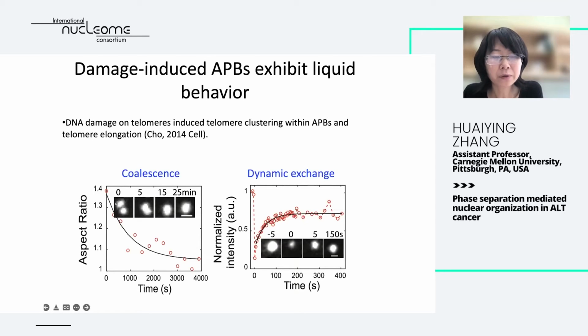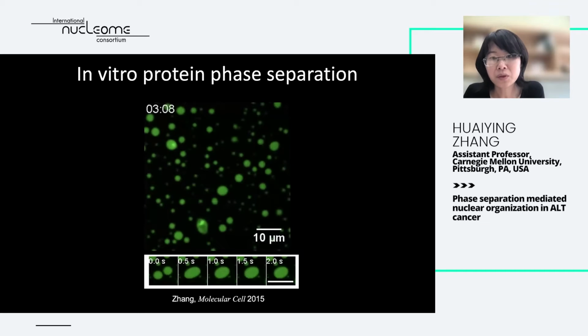If we quantify the aspect ratio, which is defined by the length and the width of the object, we can see that it decreases over time and then reaches 1. Also, if we bleach the APBs, you see recovery. So this hints at a liquid behavior of those APBs.